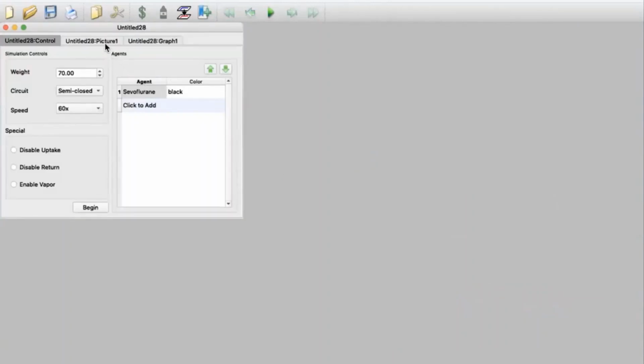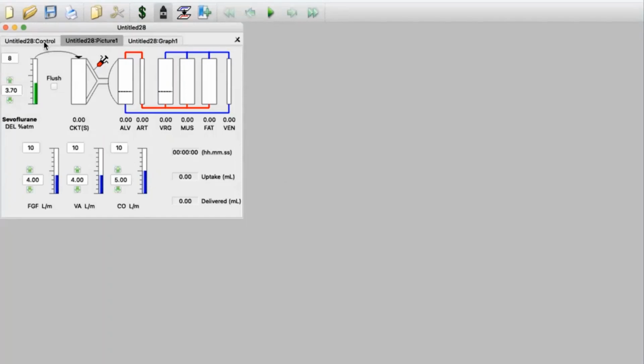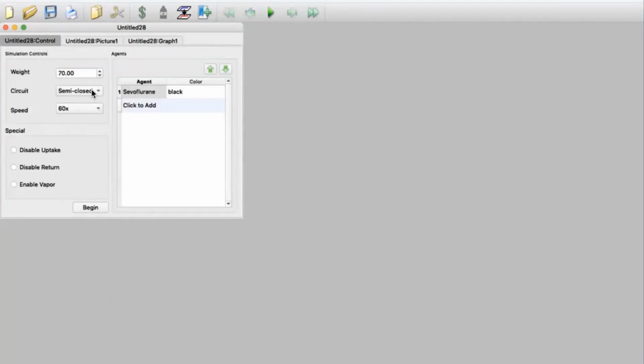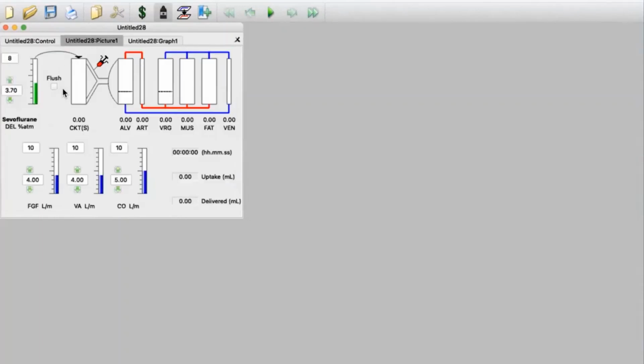It will be sevoflurane in a semi-closed circuit in a 70 kilogram patient. We will turn the vaporizer up to, let's turn it up to 7%. And now I'm typing in the number 7 to get it there immediately.